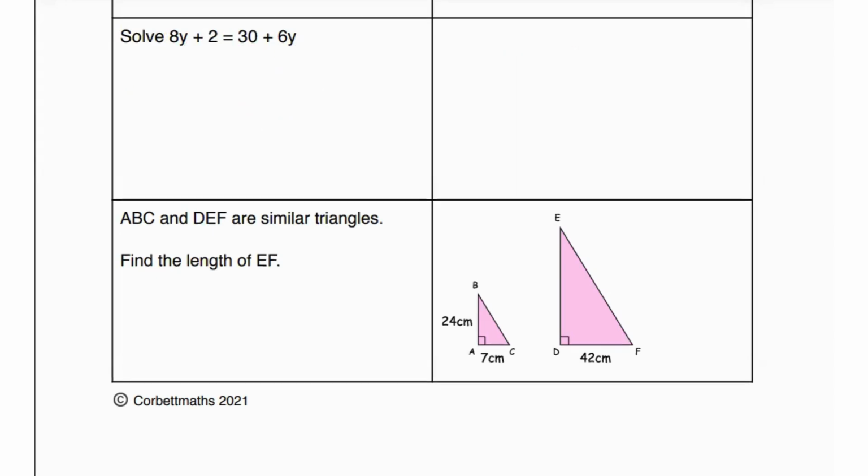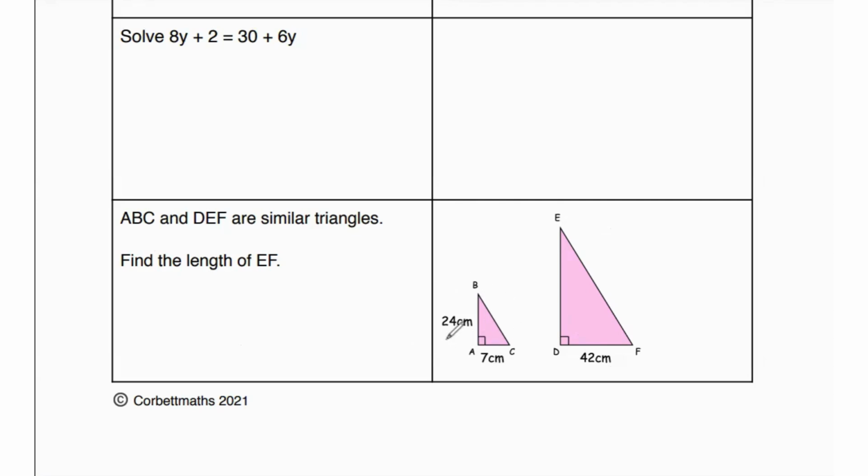And the next question says ABC and DEF are similar triangles. Find the length of EF. First, to find the length of EF, we need to figure out the length of BC. To find the length of BC, we can use Pythagoras, because it's a right angle triangle.